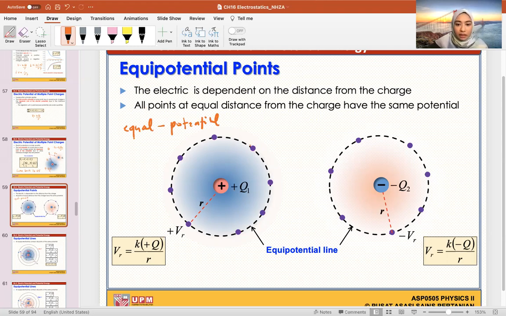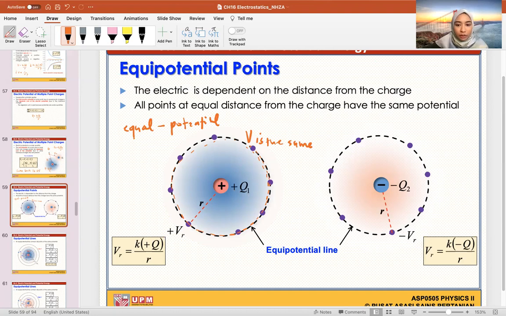So it means that if there's a dotted line connecting like this, for this entire circle, the V is the same. If the V is 10, all points on this dotted line are equal to 10.